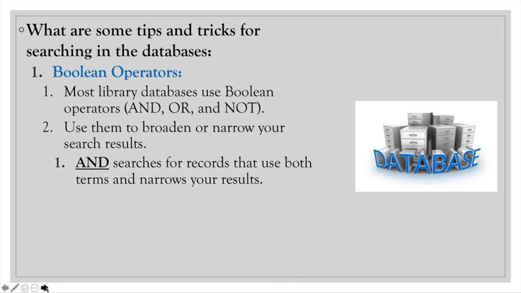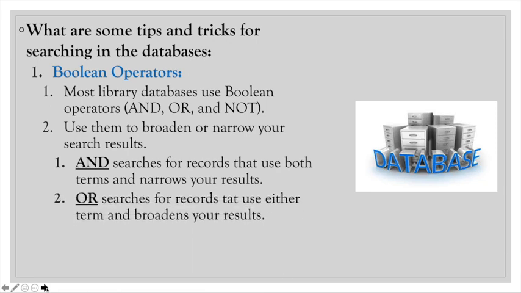For example, placing AND as a Boolean operator searches for records that use both terms and narrows your results. So for example, environmental AND law. They're only going to produce the results that have those things together, thereby narrowing your search.